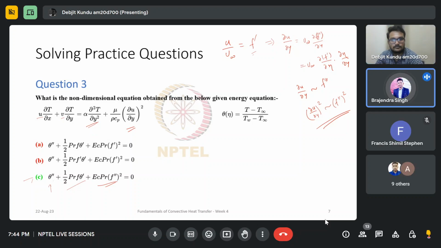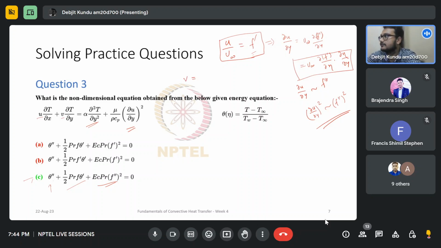How can I solve this formally? You have u over u infinity equal to f prime. Then ∂u/∂y you can find out like this. Similarly, there's an expression for v also. I forgot the expression, I'll have a quick look at it.